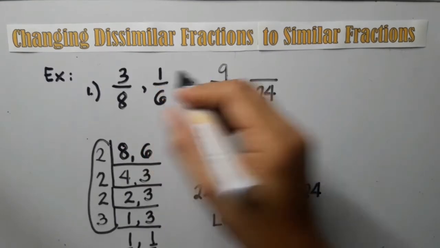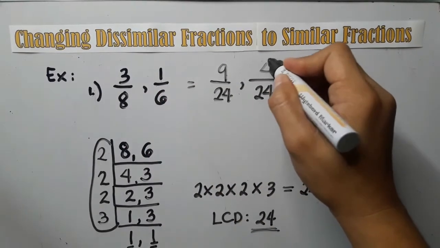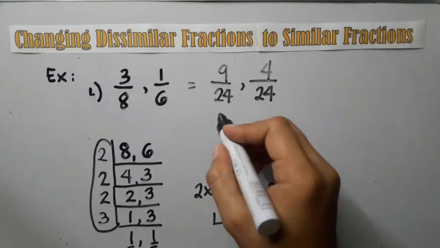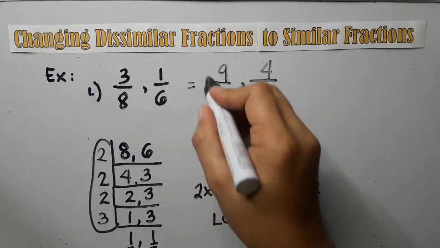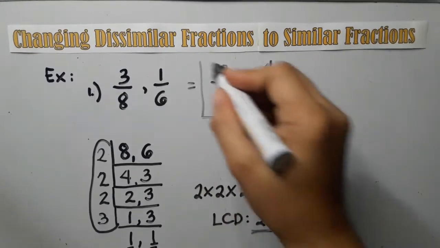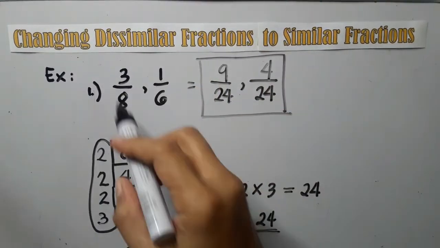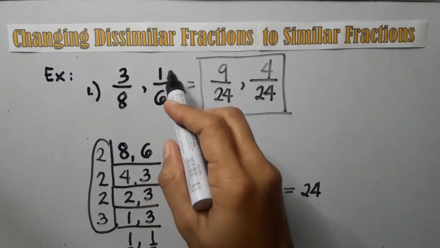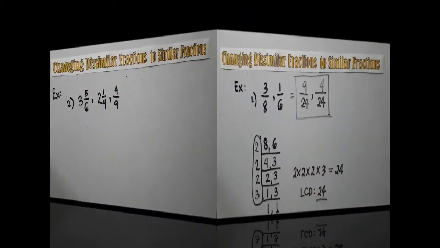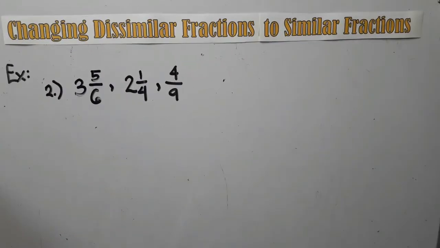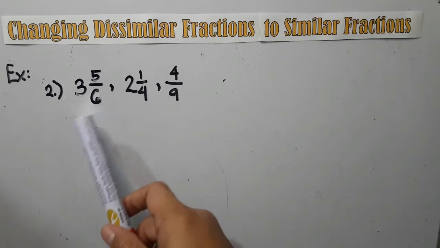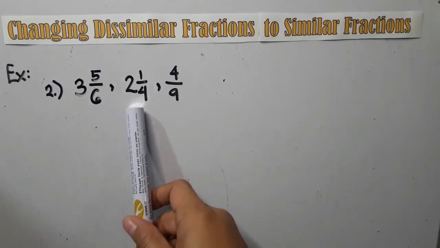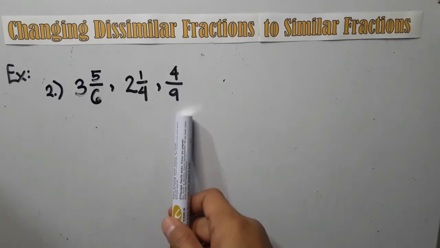Times 1, so the answer is 4. So we now have the similar fractions of 3/8 and 1/6.